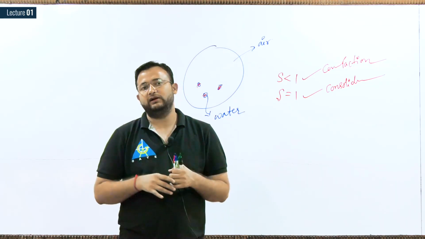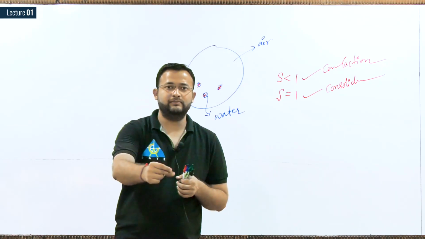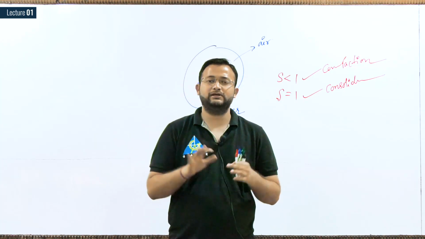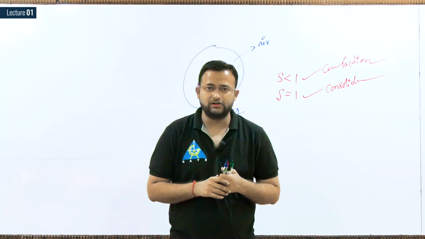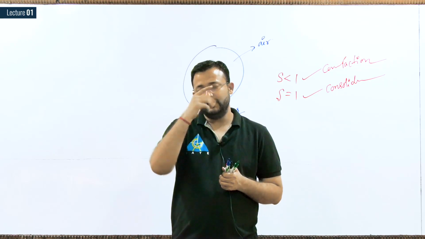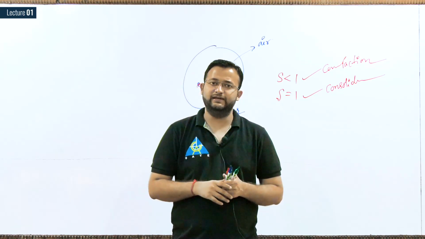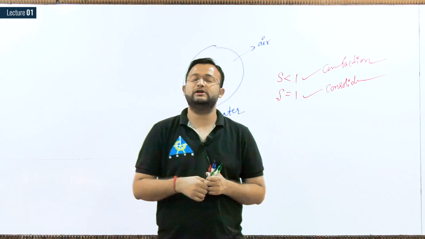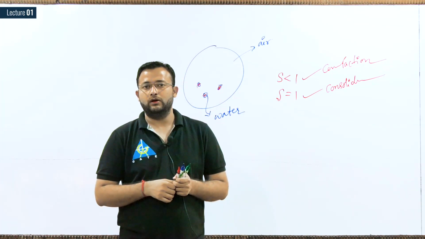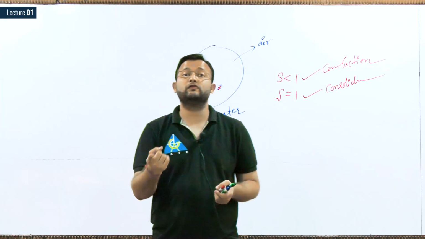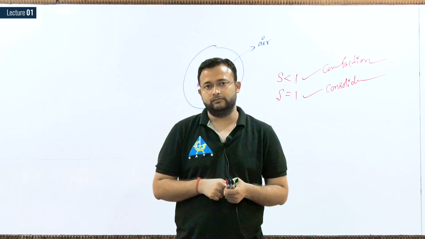I cannot wait for 10 years. Just after the compaction, I started my construction work. Now the building has been prepared, everything is ready. Now the consolidation process will start. How? Because of the weight of the structure.